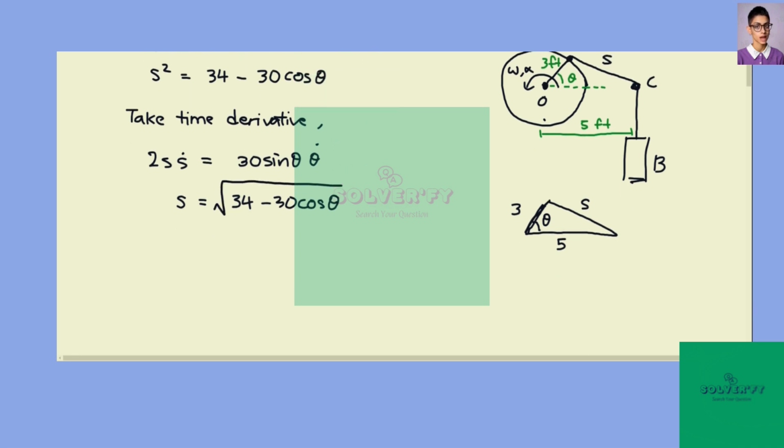So we are able to find s dot, which is v, equal to 15 omega sine theta divided by our s, which is the square root of 34 minus 30 cosine theta.